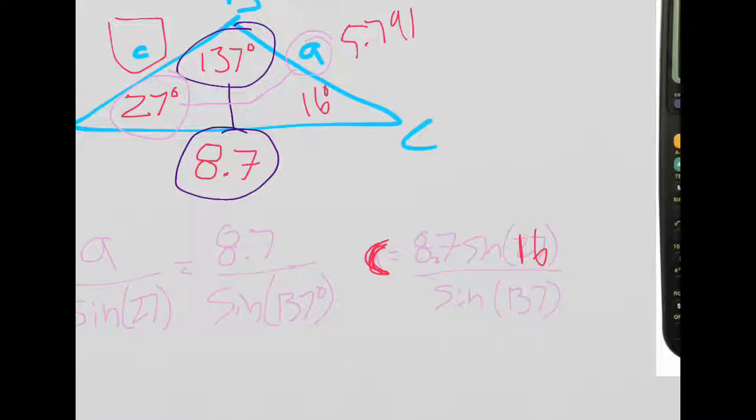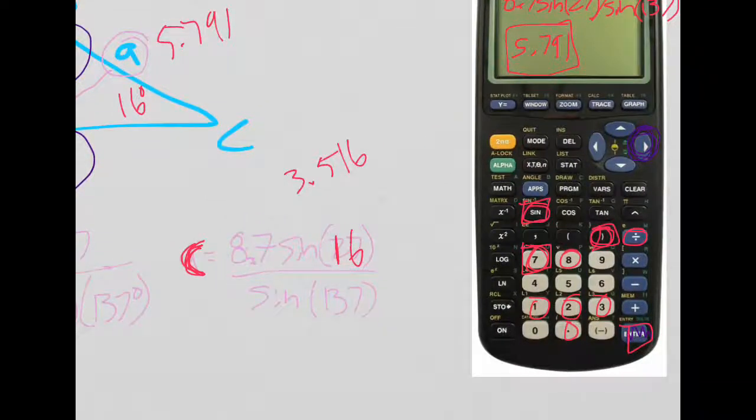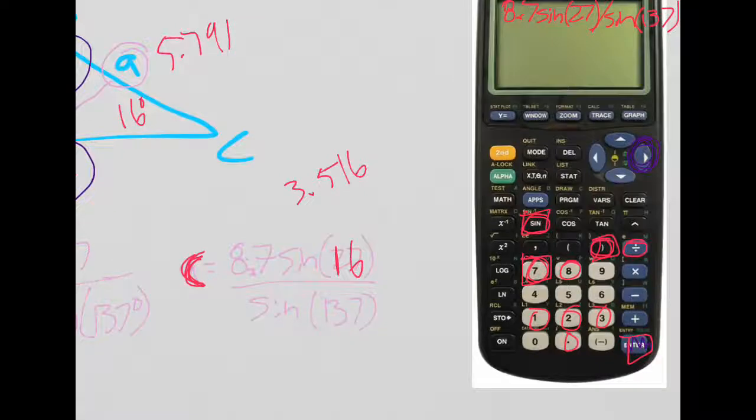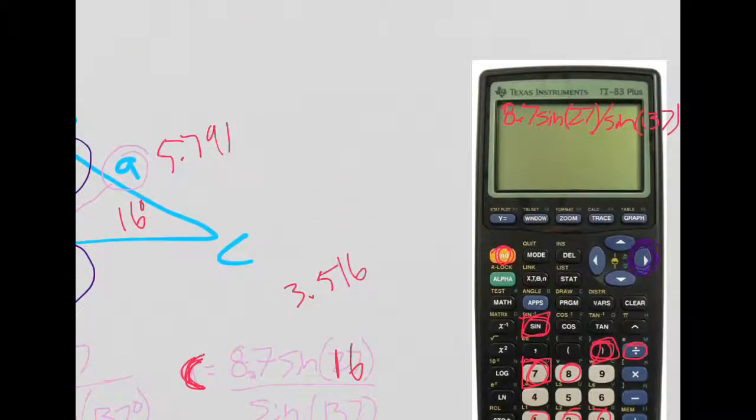If you plug that in, you will find C, and that value should be 3.516. And a little tip, if you have just done this calculation, if you hit second and then hit enter, it will retype what you just typed. And then you can use the arrows to go back up and change the 27 to a 16, hit enter again, and you have C in a jiffy.